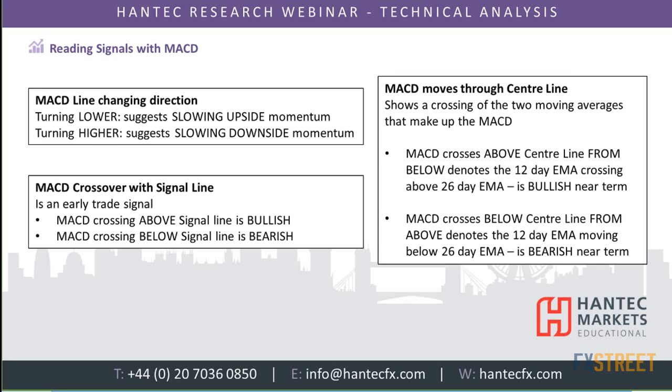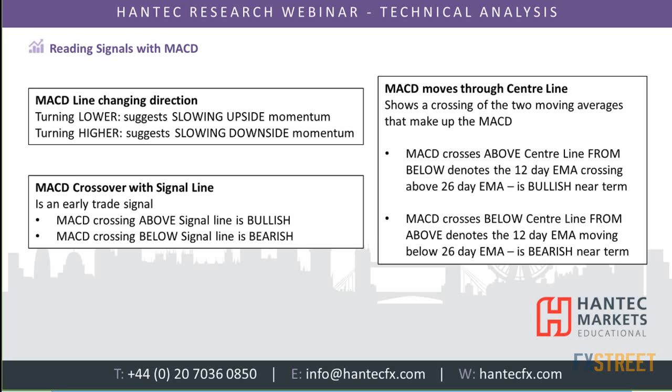Well, as I said in the chart just now, the actual MACD line itself changing direction is a signal in itself. If it's turning lower, it shows that previously positive momentum is now slowing, and the two moving averages are beginning to come together, which would suggest you've lost a bit of that upside impetus.